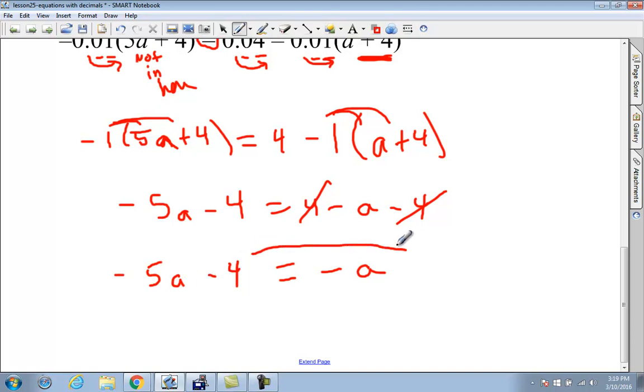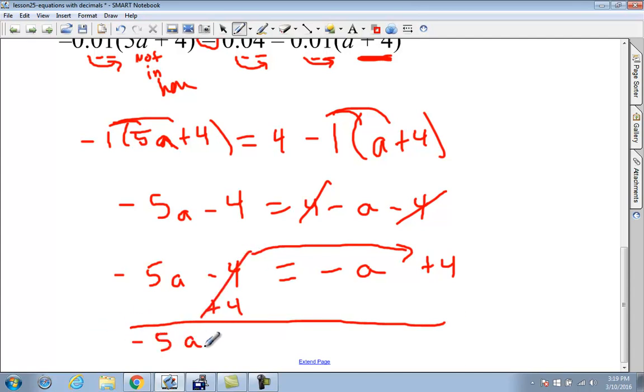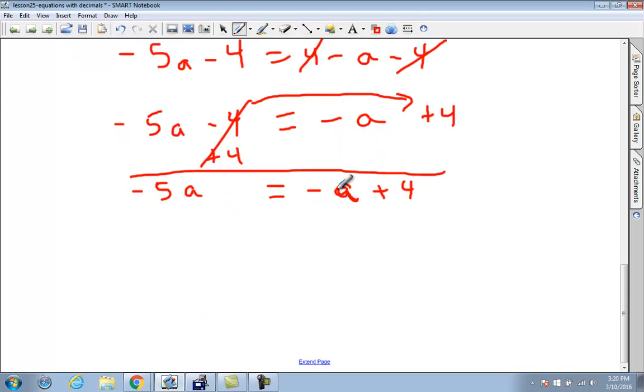Again, we want your numbers on the right and your letters on the left, so we'll add 4. Okay, so now I have -5a equals -a plus 4. That's an a. I want to get my letters on the left, so I'm going to add a.